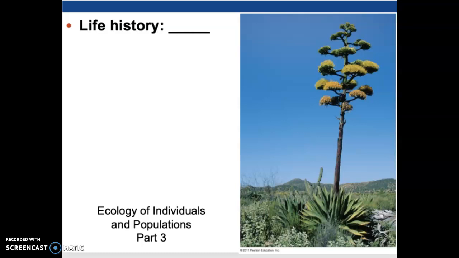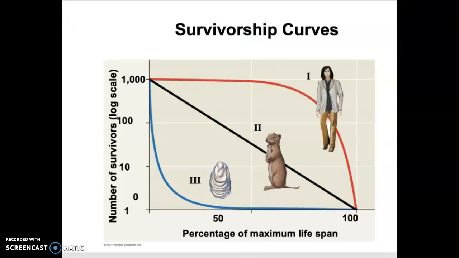So as we explore life histories of individual species, I want you guys to definitely look at certain variables. There are different factors and variables that are critical to understanding this life history. We talked about the age and the gender and those factors. Very important. But another important component of every species' life history is what type of survivorship curve that species exhibits. Now, with survivorship curves, these are kind of the general patterns.